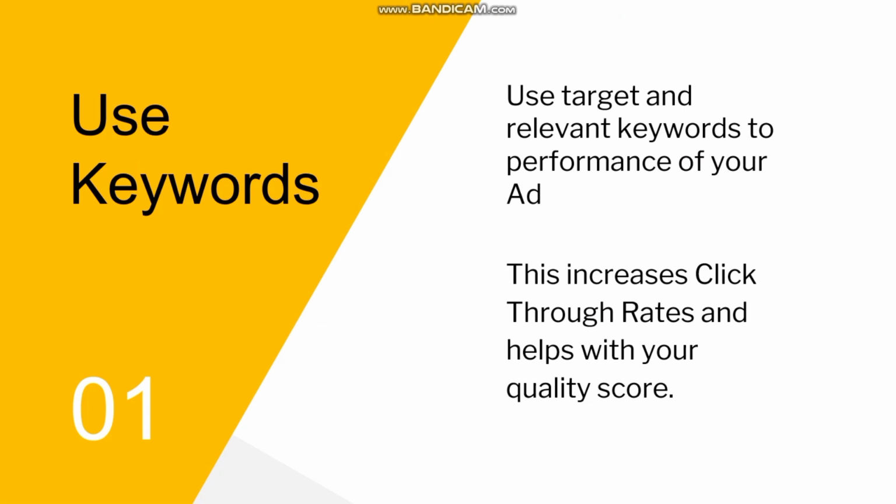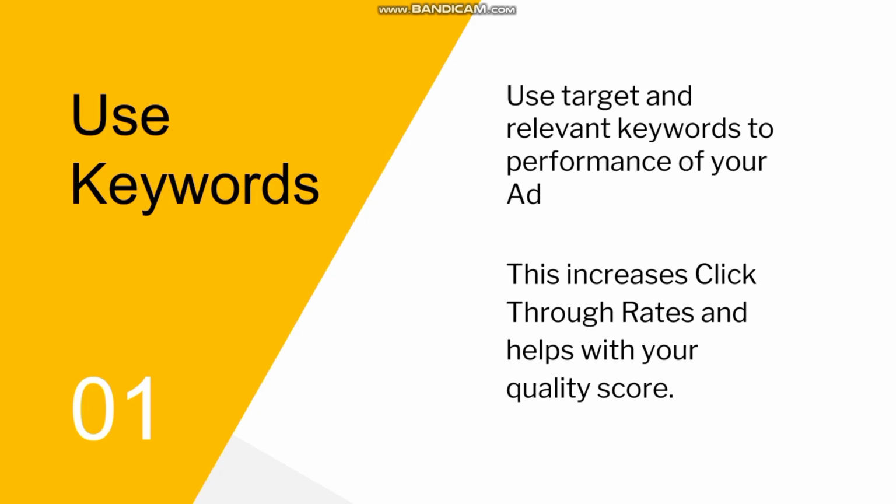Using the target keyword as well as the relevant keywords helps you improve the performance of your Google Ads. It helps your ads in the Google search engine to get more impressions and more clicks. So you have to target your main keyword as well as your relevant keywords to increase the performance of your ad.